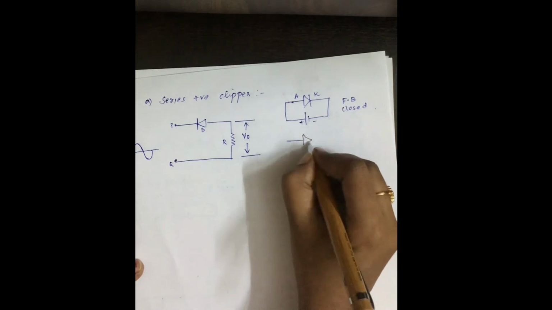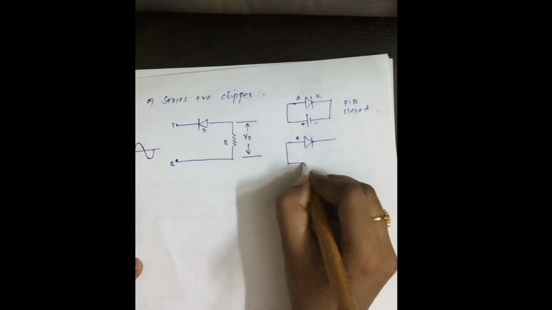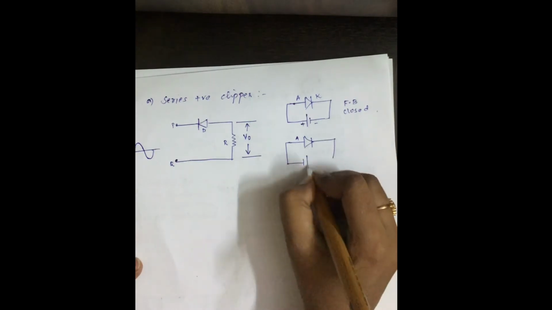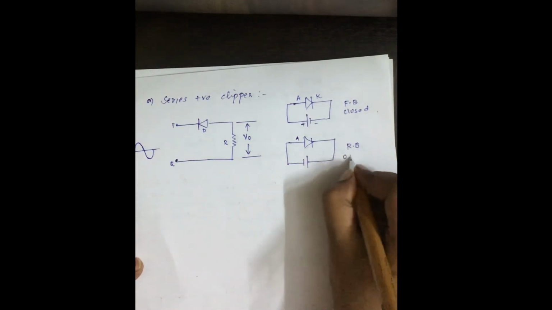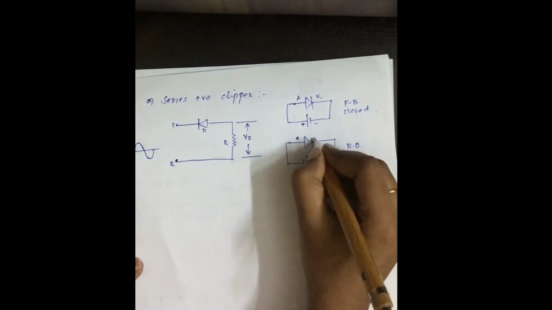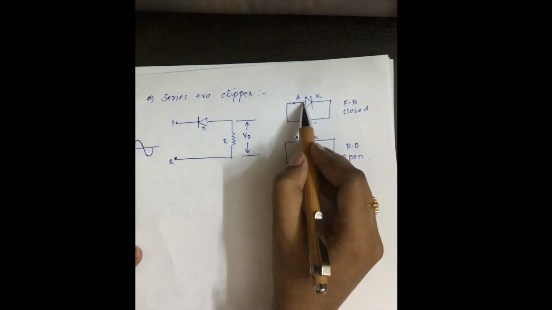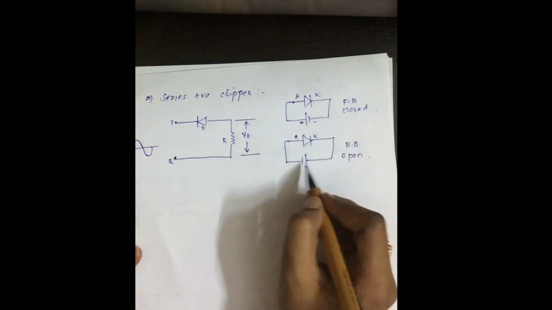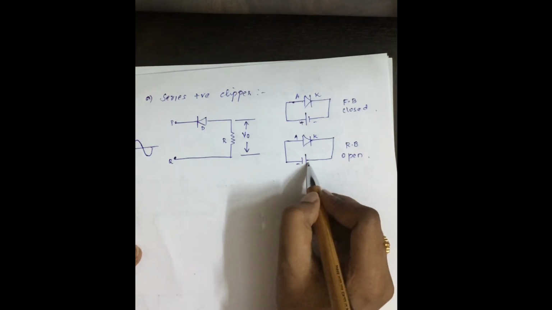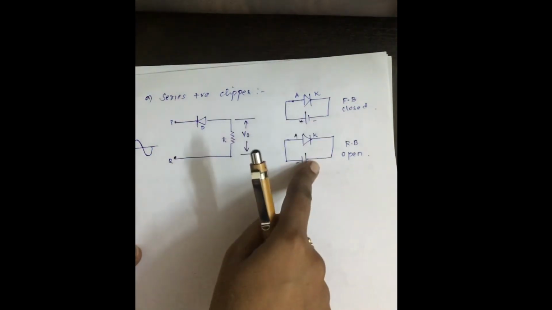If the anode is connected to negative and the cathode is connected to positive, then this is reverse biased and it acts as an open circuit. This was already discussed in the diode portion. So here the anode is more positive than the cathode, and here the cathode is more positive.